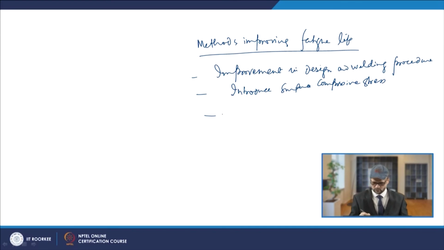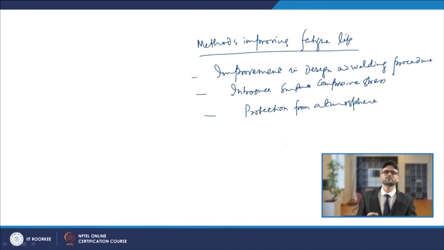Then you also have protection from the atmosphere, as we have studied that many a times a corrosive environment will create the start of these fatigue failures. So you can have an atmosphere free from corrosive environment, and in those cases you have a better fatigue life.